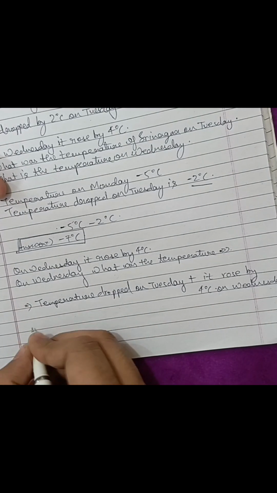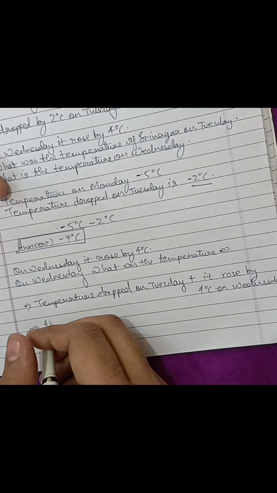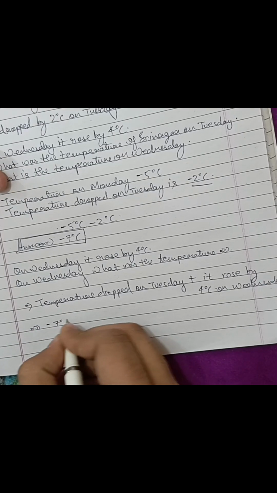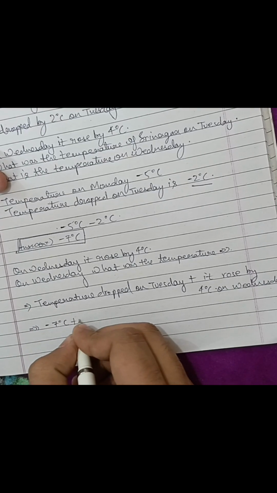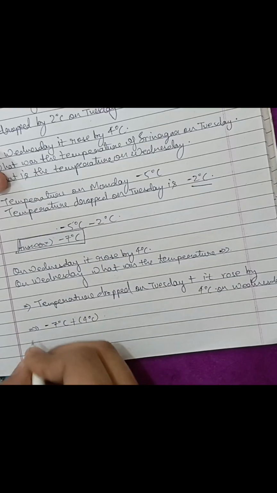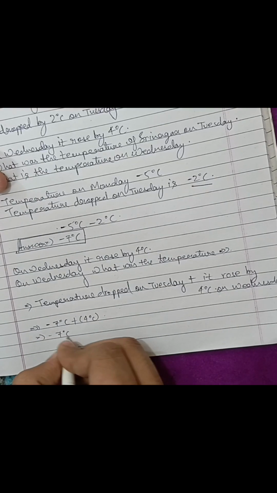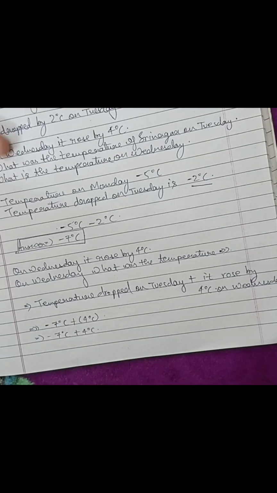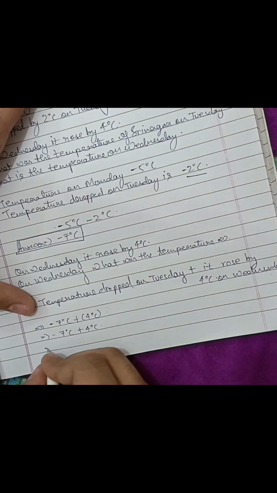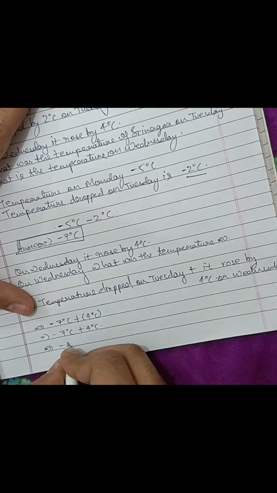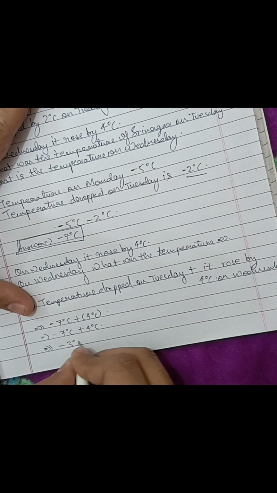So the equation will be temperature dropped on Tuesday will be minus 7 degrees Celsius plus 4 degrees Celsius. Minus 7 degrees Celsius plus 4 degrees Celsius, it will get subtracted. Then our answer will be minus 3 degrees Celsius.